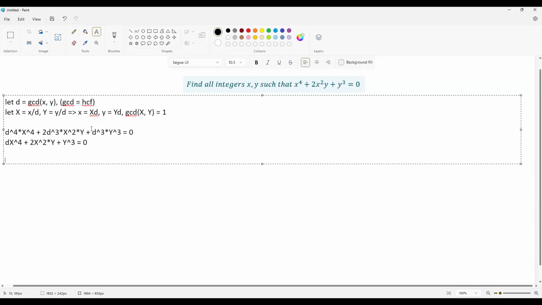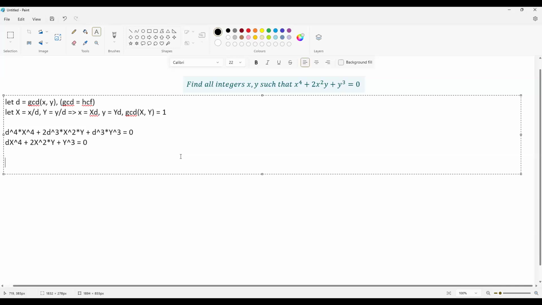Now it comes into use, right? Let's say if some number p divides x, then dx to the 4 plus 2x squared times y plus y cubed is equal to 0.